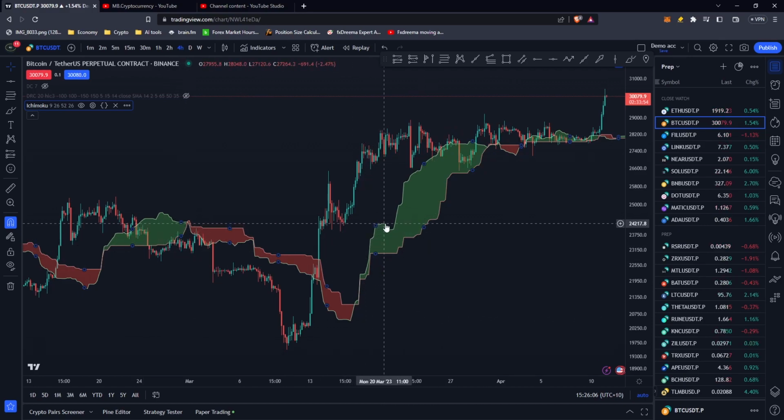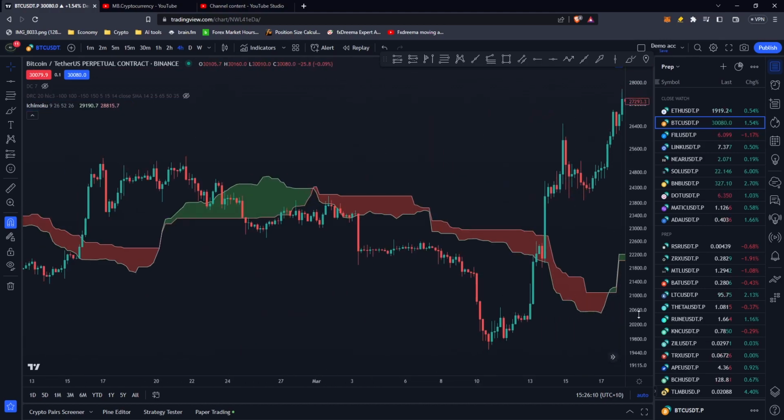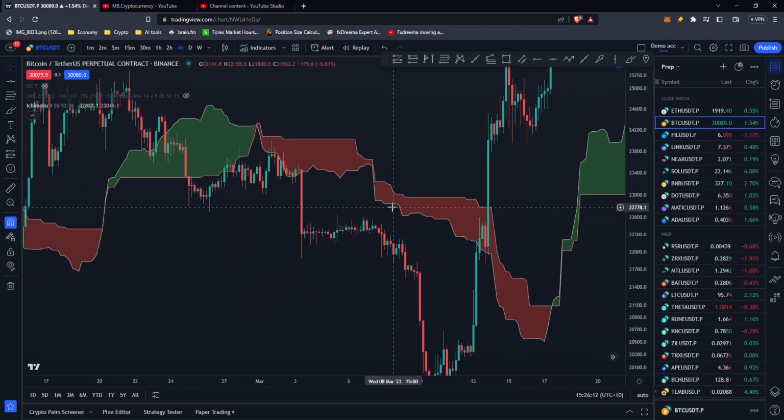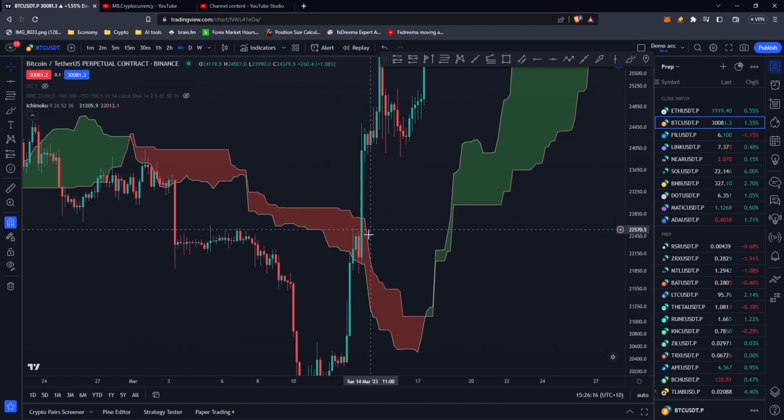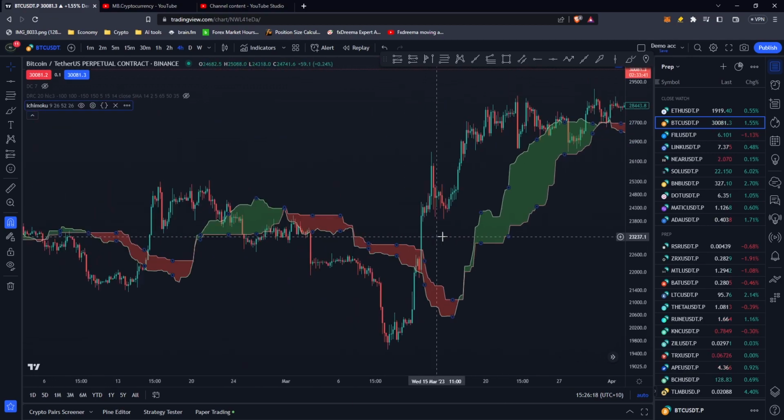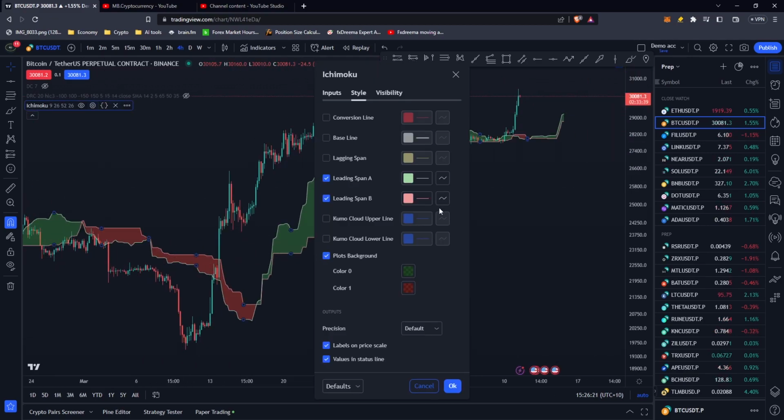Whenever leading span A is below leading span B, the cloud is red. And that's how simply they calculate the cloud.